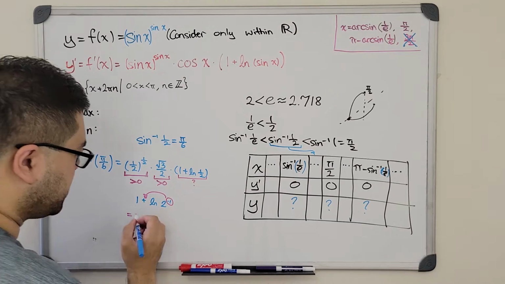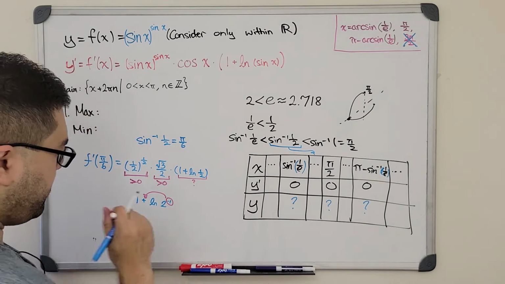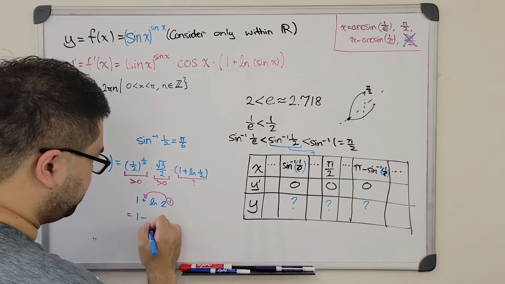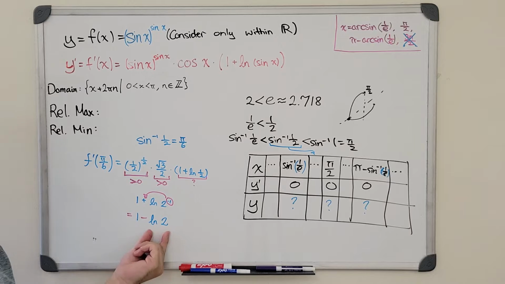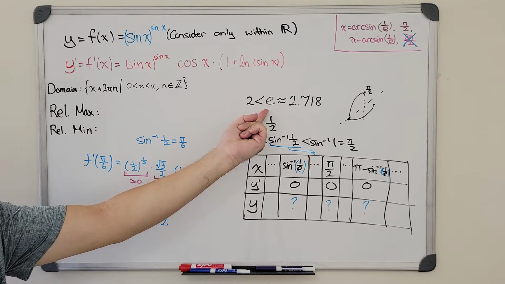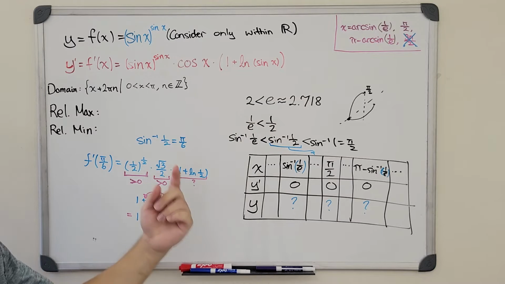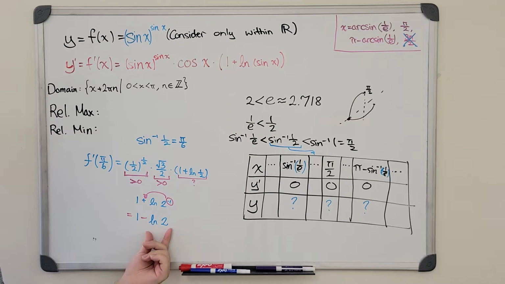So we'll actually change the sign into 1 minus ln of 2. Now again, why is it important? Because we know that 2 is less than e, where ln of e is equal to 1. So ln of 2 will be something that is strictly less than 1.